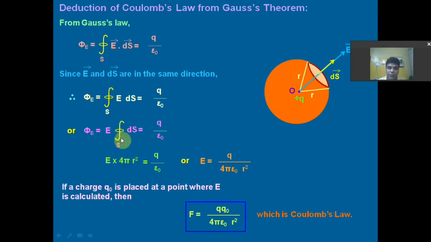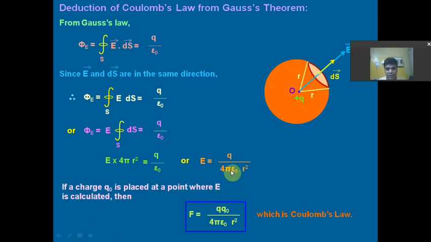Rearranging the terms, 4 pi r square comes to the other side, and we get E is equal to q by 4 pi epsilon naught r square.